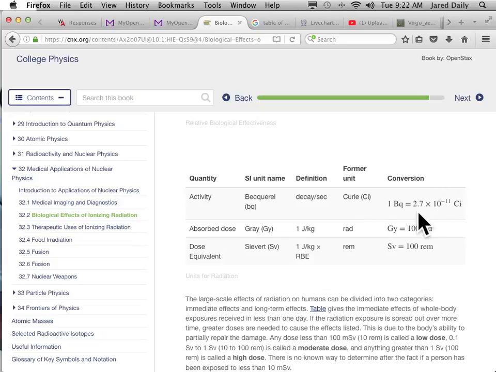The Curie is a much larger unit than the becquerel. And then here we have when we're using grays or rads, that's how much you've absorbed. And then the equivalent dose is essentially what kind of damage it's going to do to the body in the sievert or the REMs.